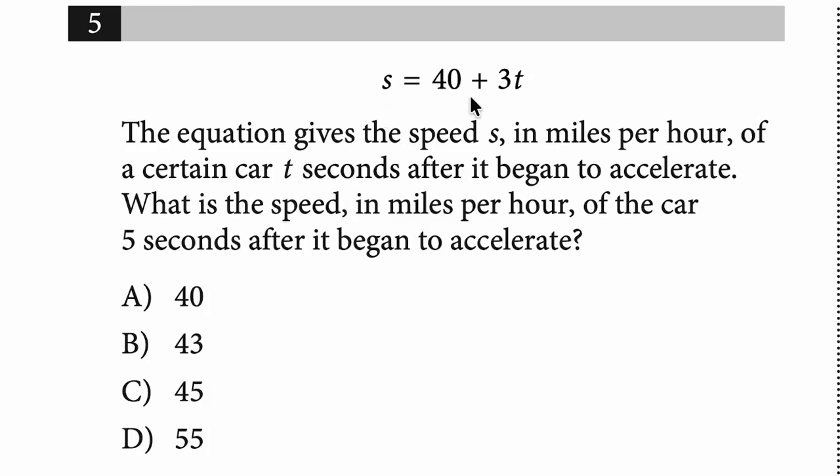S is equal to 40 plus 3t. The equation gives the speed s in miles per hour of a certain car t seconds after it began to accelerate. What is the speed in miles per hour of the car 5 seconds after it began to accelerate? Let's understand the meaning of acceleration first.